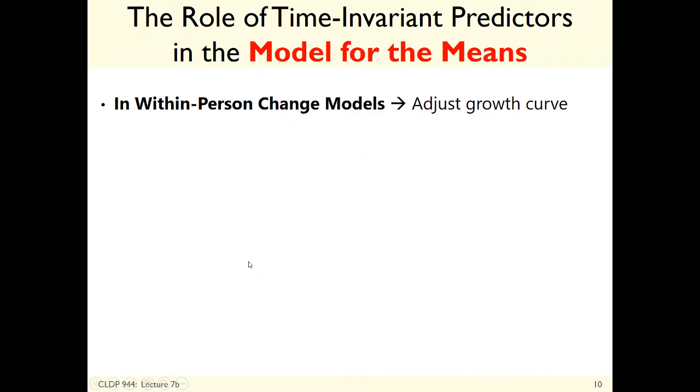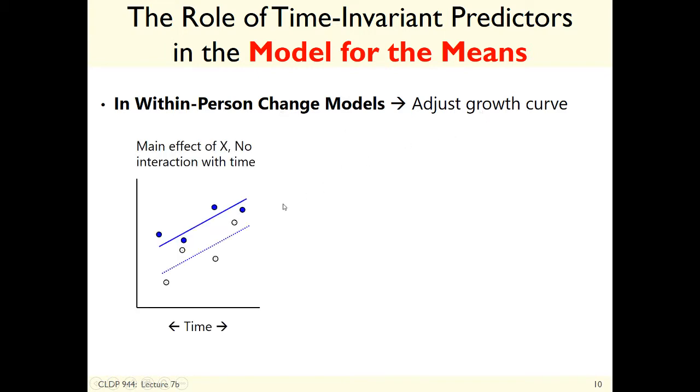So what can time invariant predictors do in a longitudinal model? It's pretty straightforward. If you're in a within-person change model, they adjust your growth curve. That's it. So for instance, if I have a control versus treatment here by the different lines, this is what a main effect of group would look like.